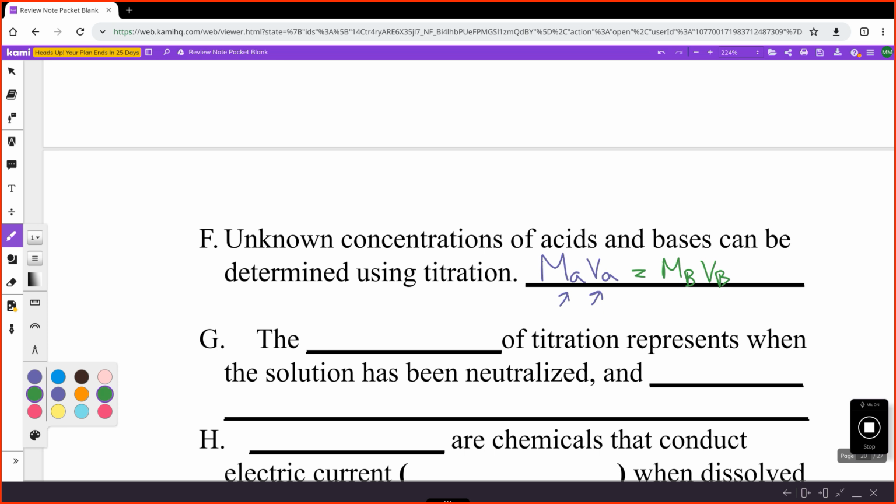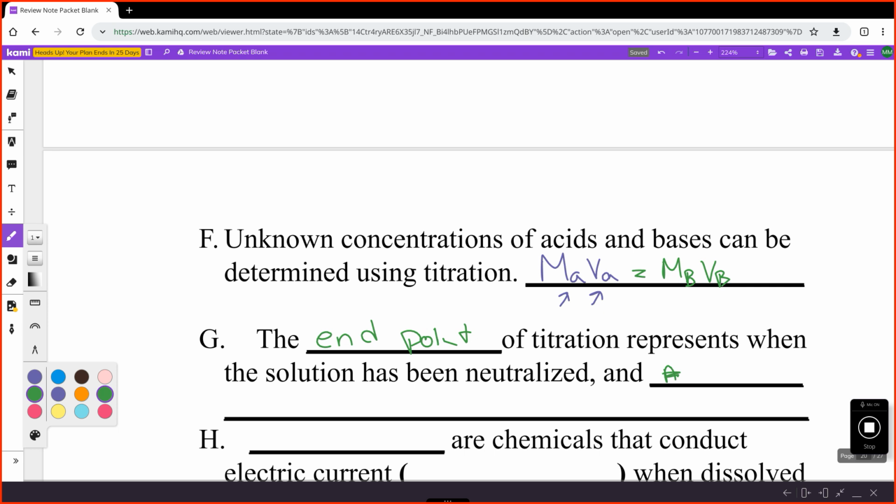When you get that perfect neutralization reaction, we get a situation called the end point. The end point of titration represents that the solution has been neutralized, like I said.